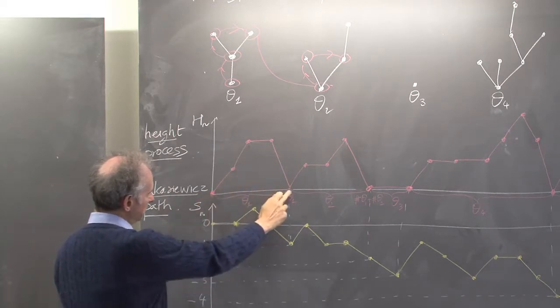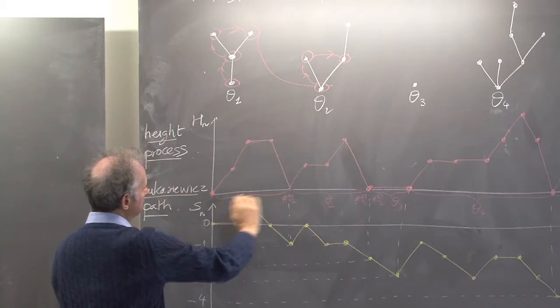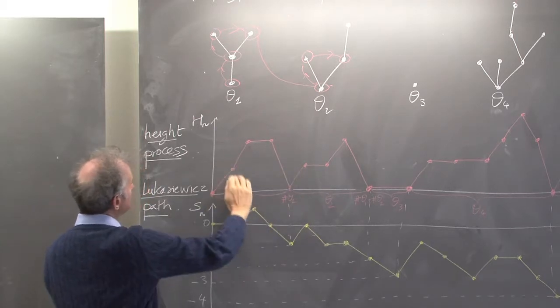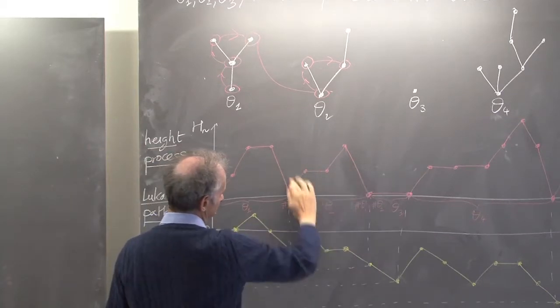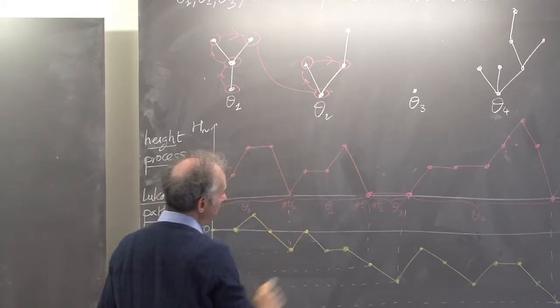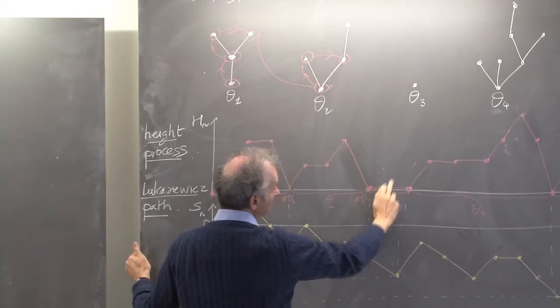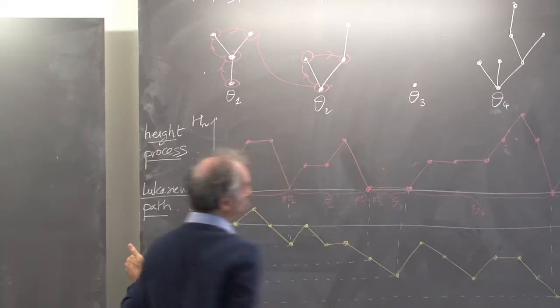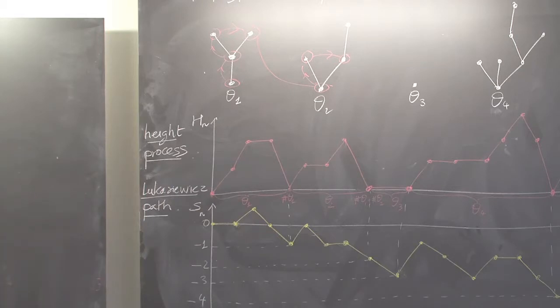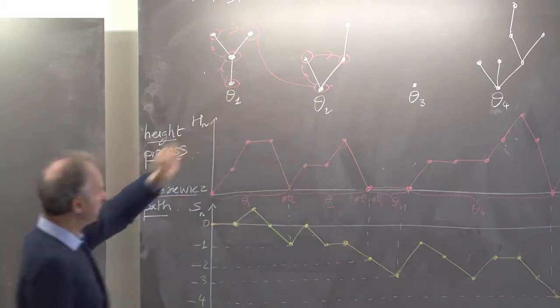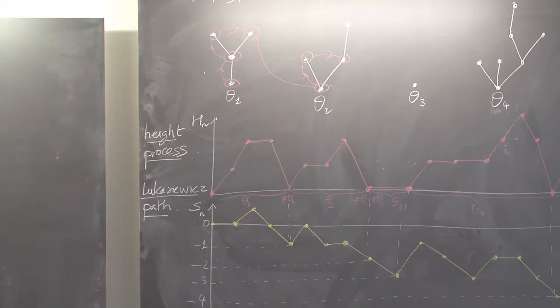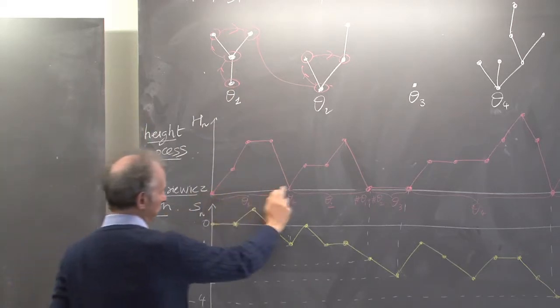So this is the first zero, this is the second zero. And you see that this part of the height process corresponds to the exploration of the first tree. Similarly, the second excursion here corresponds to the second tree. And here I have a kind of trivial excursion, but it corresponds to a tree where I have just the root. This may happen. And so on. So really, you can recover the individual height functions associated with each of the trees in the sequence by looking at the excursions.